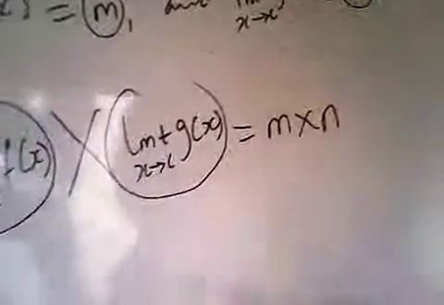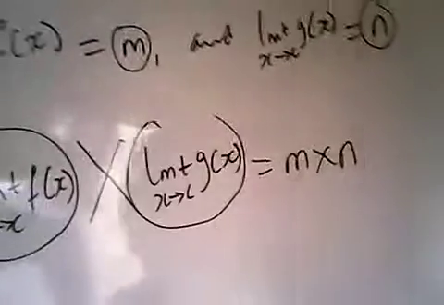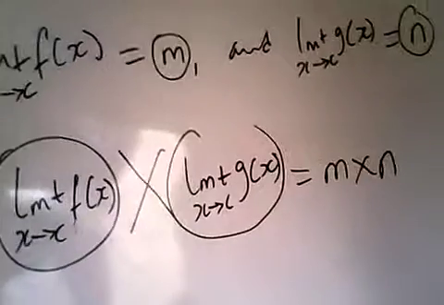That is, whatever the result of each limit is, m and n, we just multiply the results to give us the limit of the product. As simple as that.